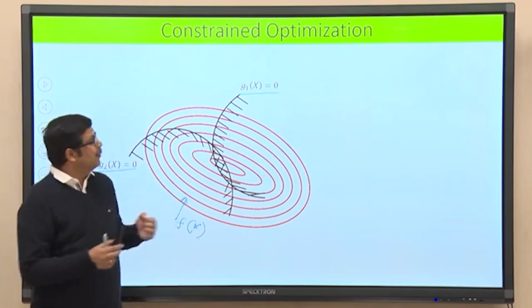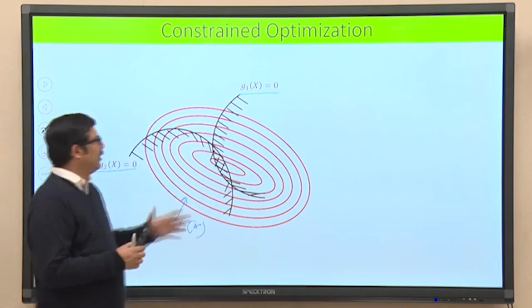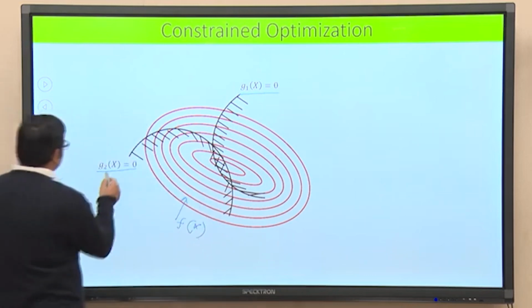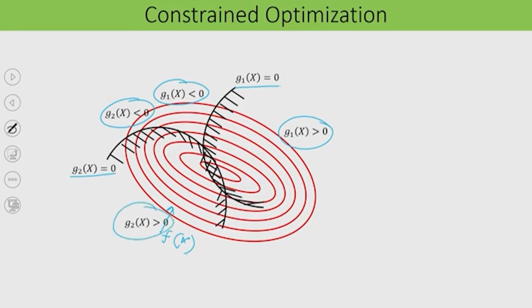What does active constraint mean? Basically, the solution is on that particular constraint. So we have two constraints here, g 1 equal to 0 and g 2 equal to 0, and this is a less than or equal type constraint. So this is the region where g 1 is less than 0 and g 2 is less than 0, and this is the region where g 1 is greater than 0 and g 2 is greater than 0.